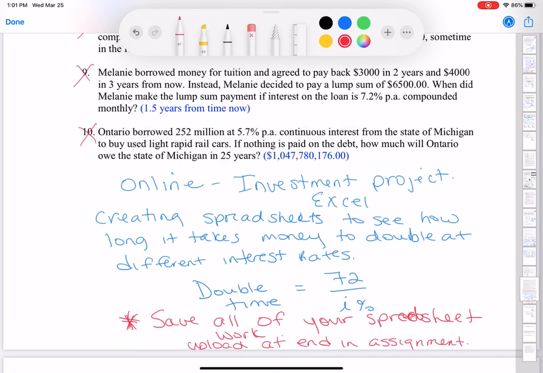And again, as you're reading through this, if you have any issues, please do send me an email. But you are perfectly capable after this particular lesson of going in and tackling this online investment project in Excel.